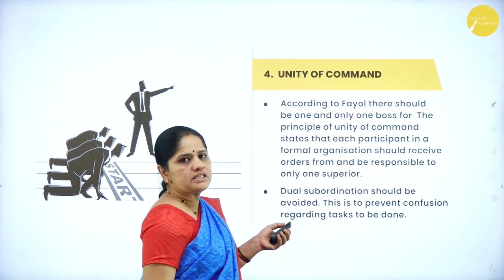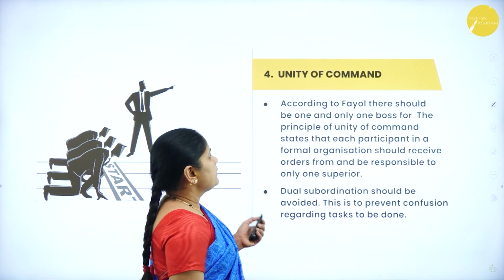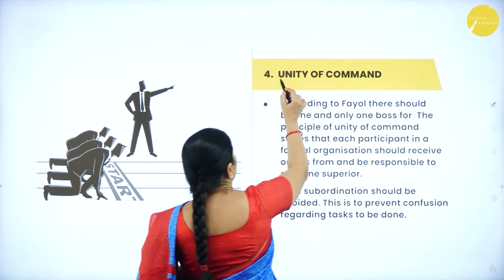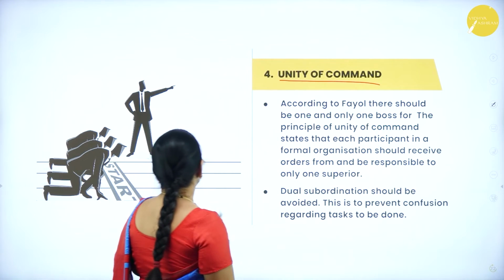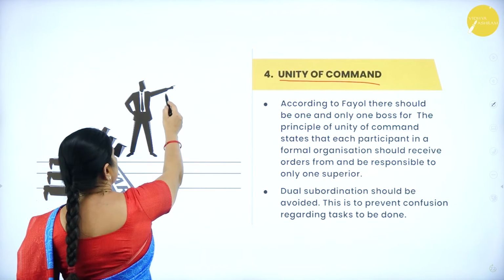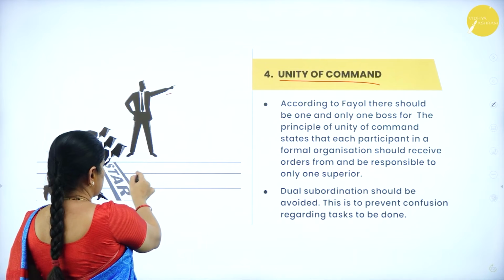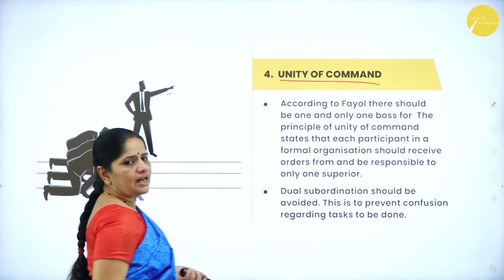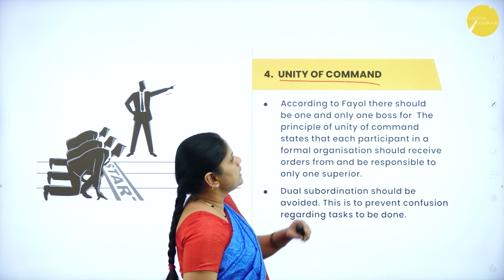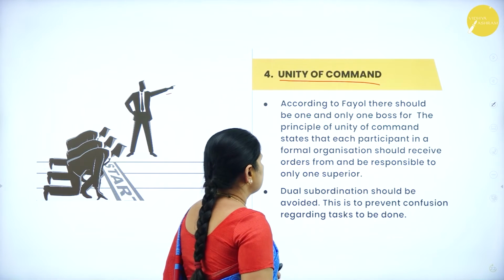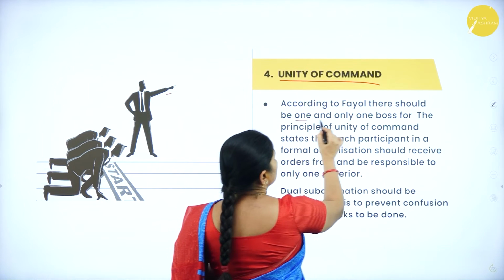Then the fourth principle given by Henri Fayol is unity of command. If you can see the picture here, this person is conducting the race. One, two, three, as soon as he starts, these persons will start running. In the same way, in unity of command, Fayol said that there should be one and only one boss.